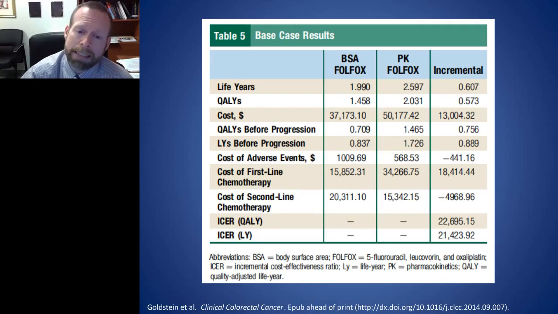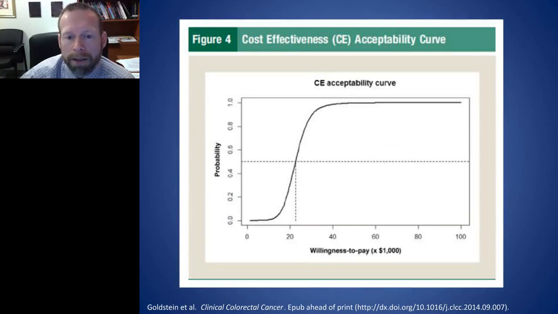If you remember back to the data we showed previously, many of those patients that are having pharmacokinetically guided therapy require dosage increases, which are going to cost more in terms of the first-line chemotherapy. But you do see a reduction in second-line chemotherapy because it's slower to progression. And then the last analysis they did looked at this relative to a cost-effectiveness acceptability curve, and found that the 22,000 is very close to the midpoint of this cost-effectiveness acceptability curve.